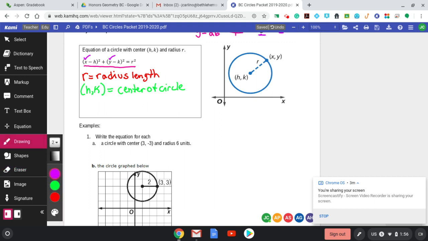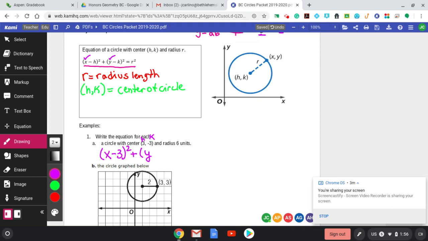All right, so let's start. X, now it's minus h, and the h value here is the x coordinate, which is 3. So I'm just going to put minus 3 all squared plus y. Now here's your k value, -3.